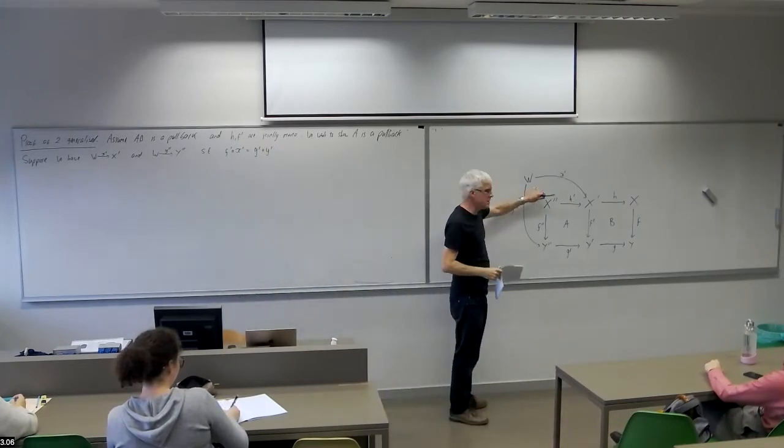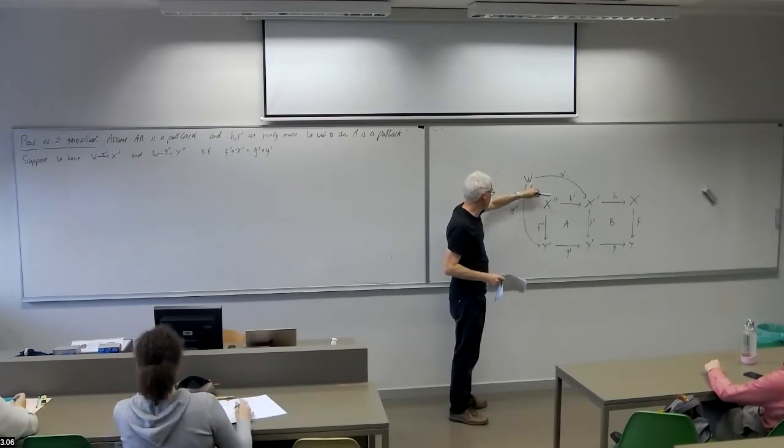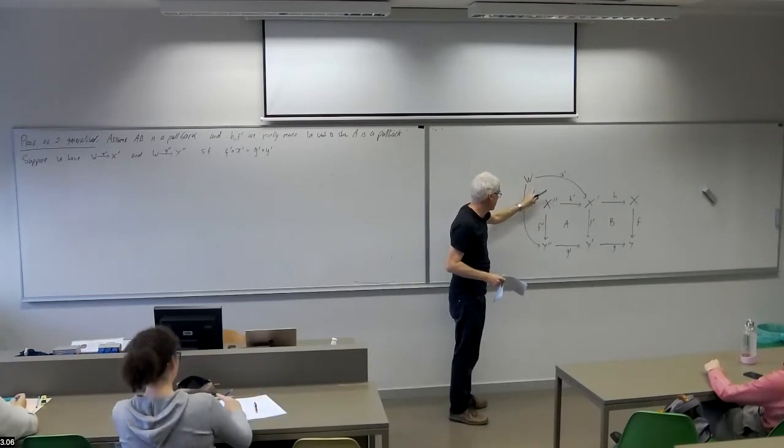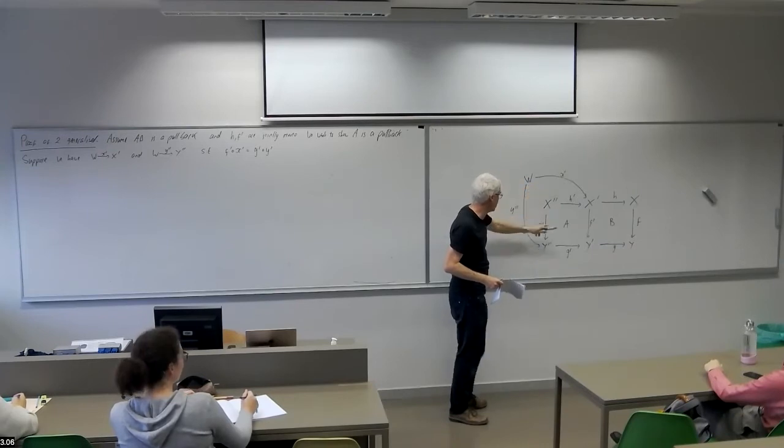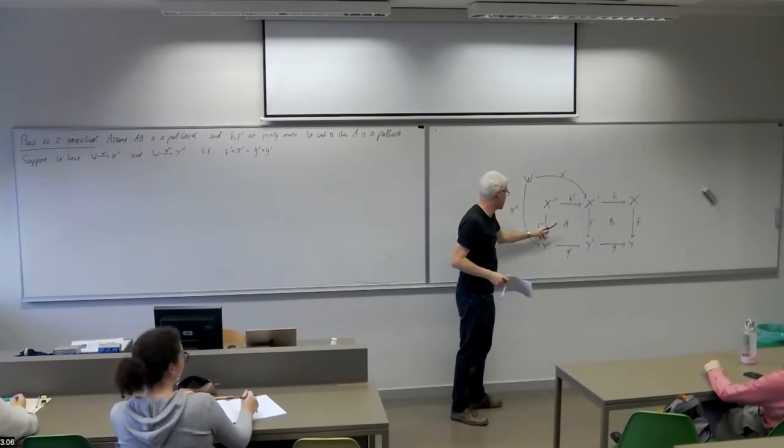Well, let's just state immediately what we want to show. We want to show that there's a unique map of cones from this cone to the cone that we're trying to show is a pullback.